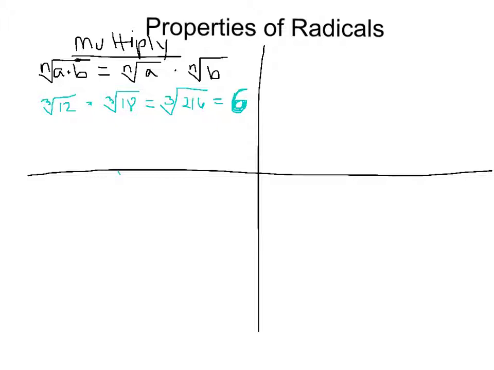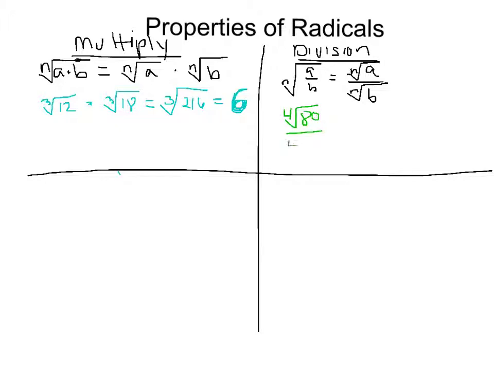Division works the same way, so if we look at division of radicals, that is the nth root of a over b is equal to the nth root of a divided by the nth root of b. So an example of this would be if we had the fourth root of 80 divided by the fourth root of 5.